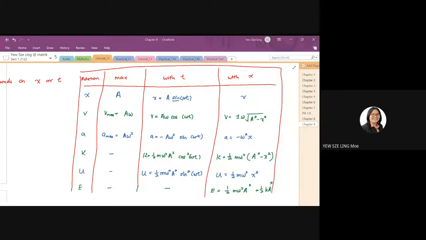Since tomorrow is a holiday, we don't have class tomorrow. What am I going to do? I will give you revision set number 3. We are done with revision 1 and revision 2, so you do revision set number 3.